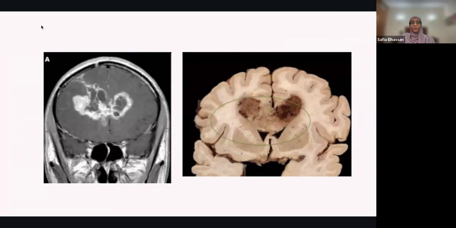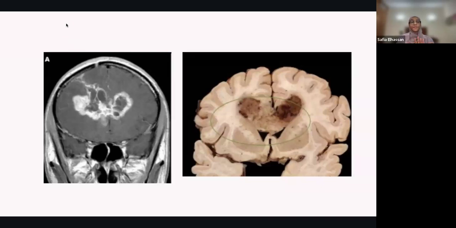Okay, what kind of tumor is this? Yes, what type of glioblastoma? Yeah, this is a butterfly tumor.